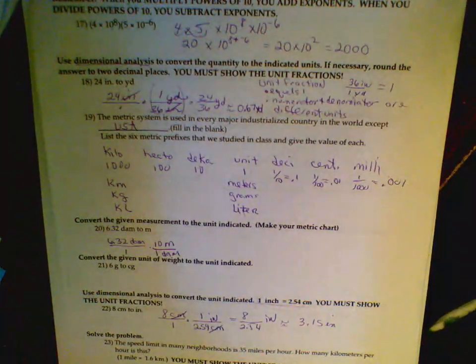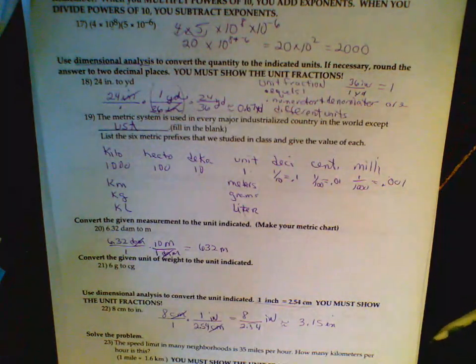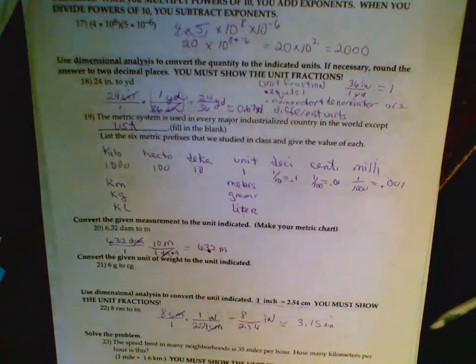So 10 meters is 1 decameter. So I would write it like that. Decameters would cancel. I multiply across, and I'd have 632 meters. Sorry, 63.2 meters. 63.2 meters.